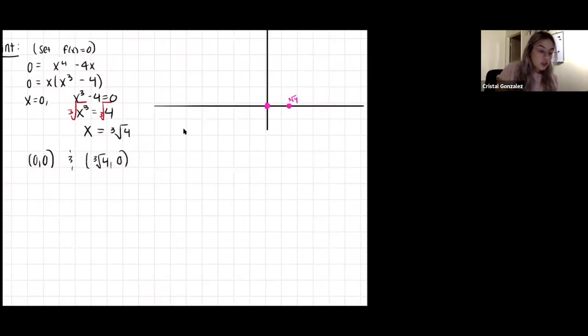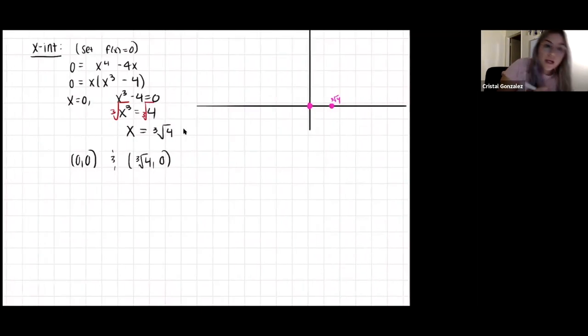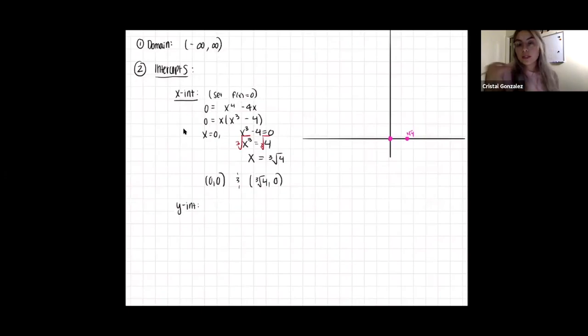Now our next job is to find our y-intercept, and our y-intercept is easy in this case. Remember, for your y-intercept, what you want to do is set x equal to 0. When we do that, let's look at our function.